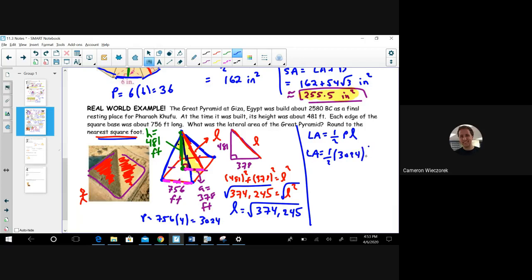And then I'm going to multiply by, I'm just going to highlight it or underline it, call it star. I'm just going to put it here. So I'm multiplying by that square root that I just found.